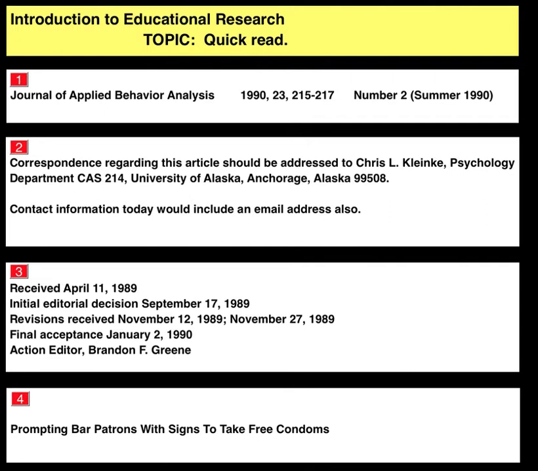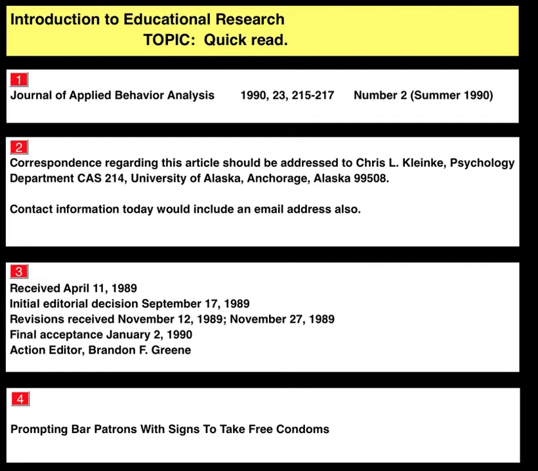So let's start out. It's a good idea when you're starting out to read a research article to skim it first, to look it over, to get a general idea and become familiar with the different sections and the different parts. So to begin with, I want you to take a look at the very top of page 1 of the article you have in front of you. It has the name of the journal the article is published in, which was the Journal of Applied Behavior Analysis, which, by the way, is a very prestigious journal in the social sciences.